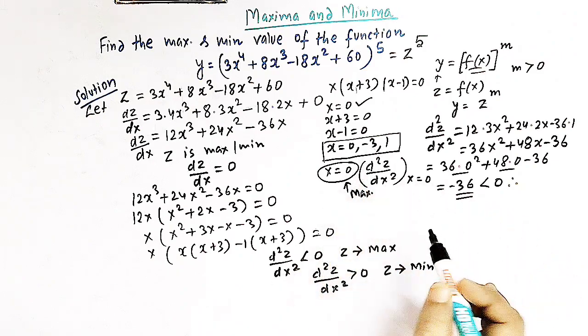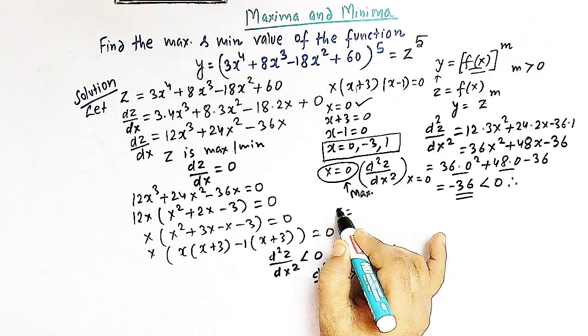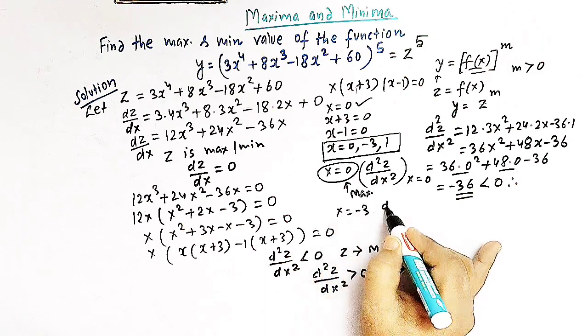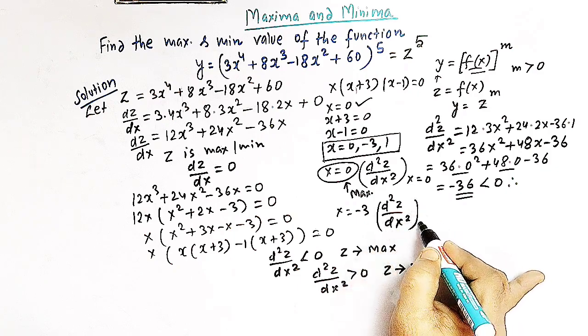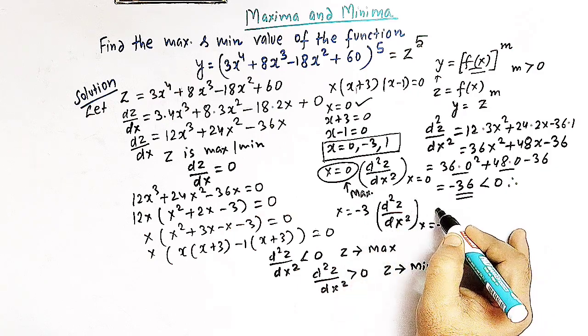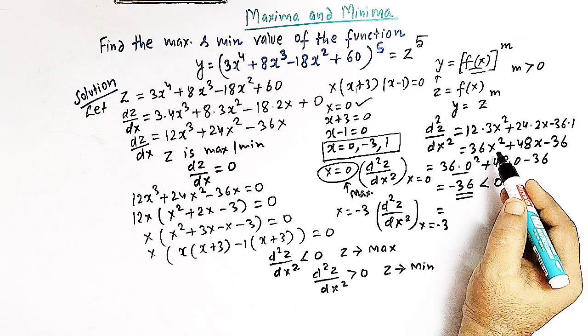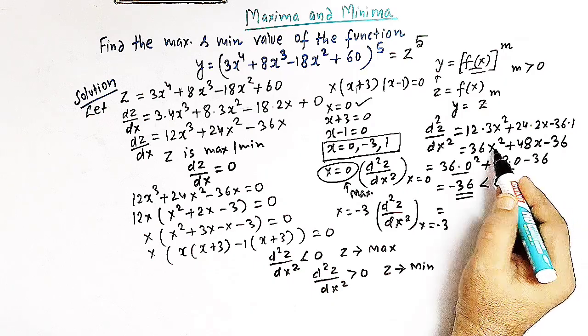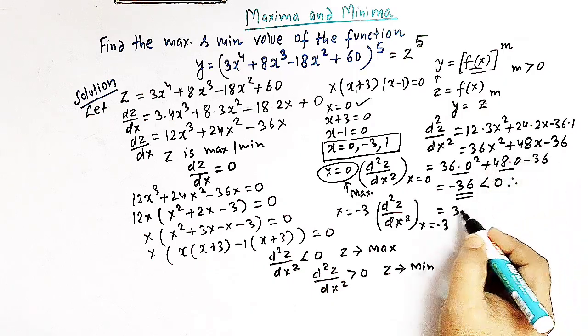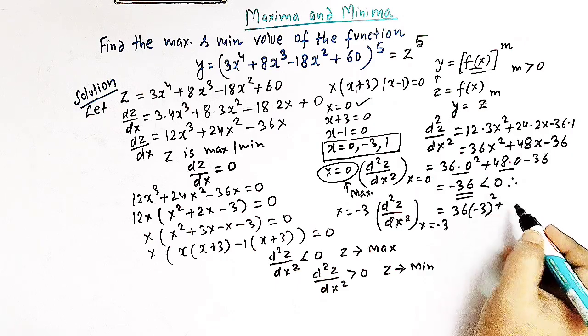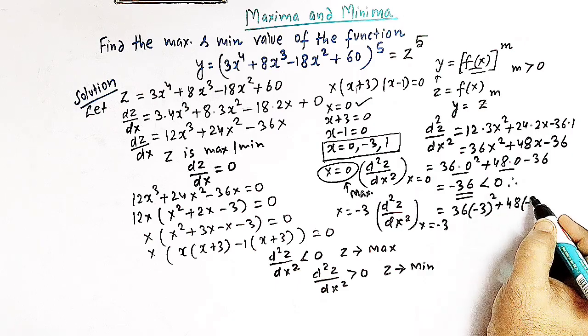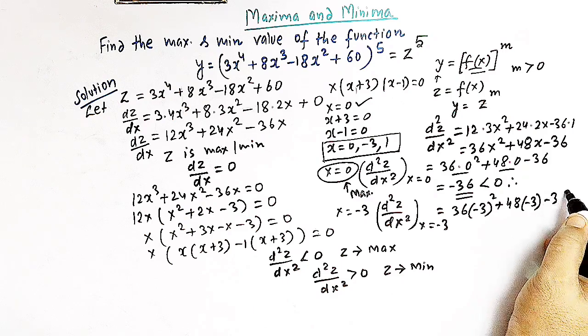Okay, now let us take x is equal to minus 3. So the value of the second derivative at this point, that is minus 3, is given by taking x is equal to minus 3 here. So we have 36 times minus 3 square, then we have 48 times minus 3 minus 36.